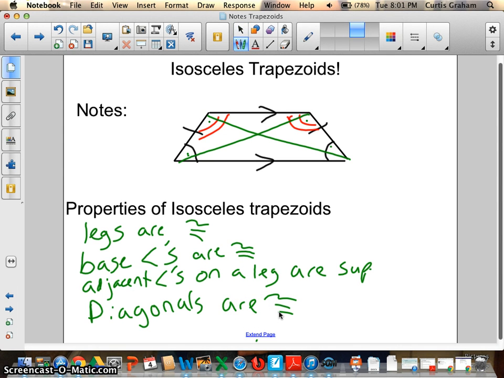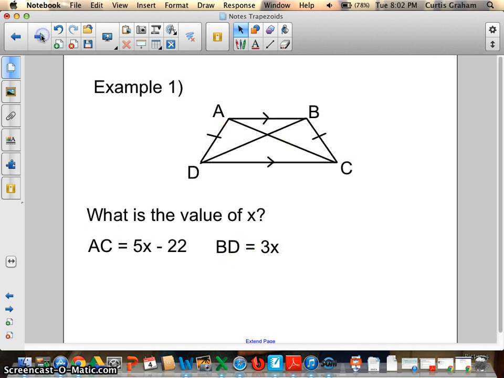All right, so knowing those properties, let's look at a few examples. Example 1, it's a trapezoid. I give you one set of parallel lines, but I also give you congruent sides. So that means it's an isosceles trapezoid. Now I tell you AC, which is this diagonal, is 5x minus 22. And I tell you BD, which is this diagonal, is 3x.